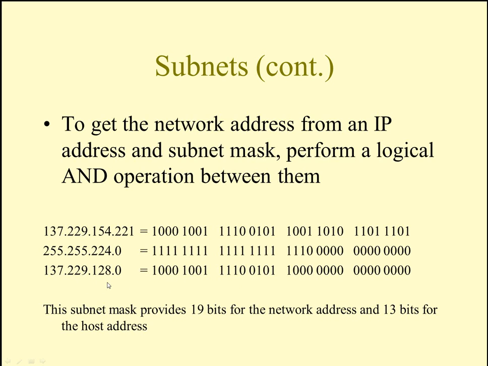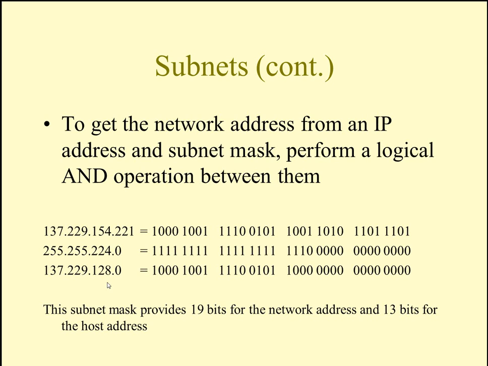Looking at this again, hopefully you can answer the question: what class IP address are we looking at here? Okay, hopefully you got that right. 137.229 falls into a class B IP address. So the network address is 137.229.